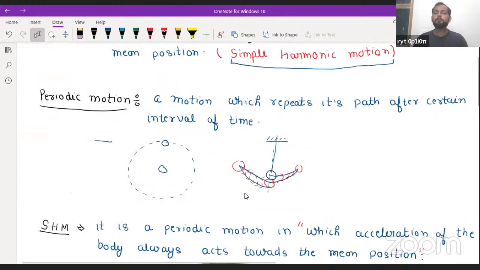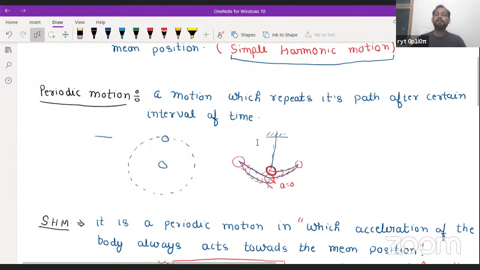I think you have observed in the case of a pendulum, when it is at the mean position, it has the maximum velocity, and at that instant it has zero acceleration. Why zero acceleration? Because at that condition it has zero displacement from the mean position. So this is the simple understanding of the relation between acceleration, velocity and displacement.